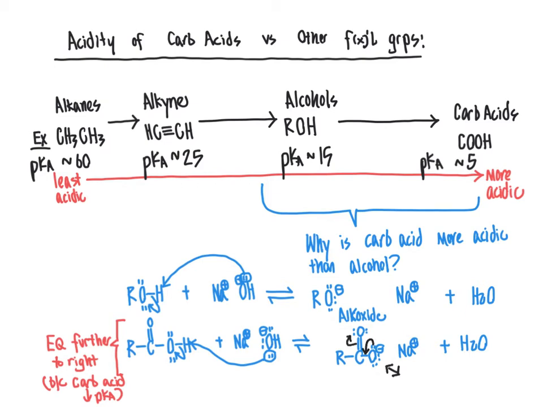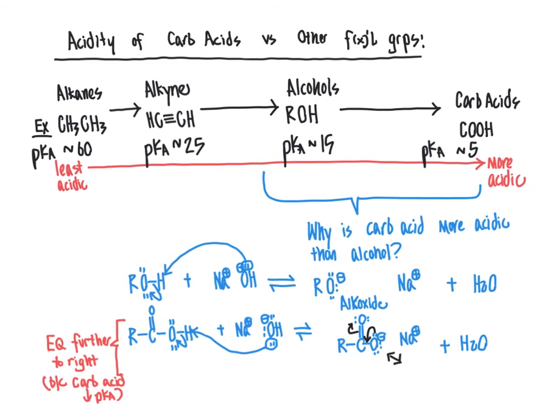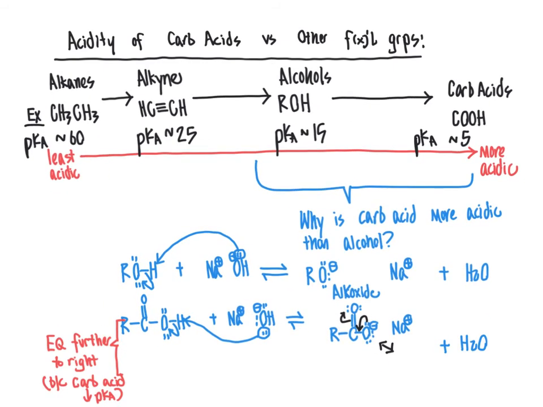So there's a second resonance structure here that I'm showing in black, where we can draw to show that the negative charge on the oxygen is shared, delocalized in other words, over two different oxygen atoms, like so.